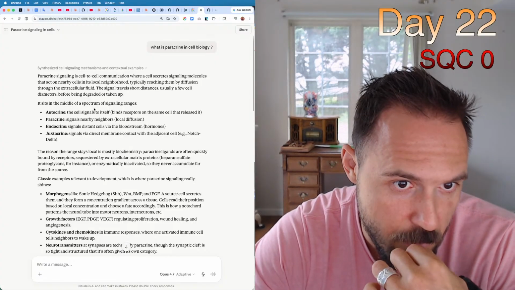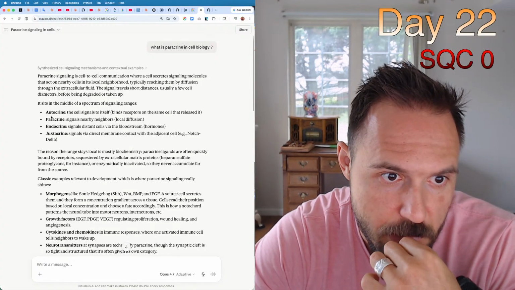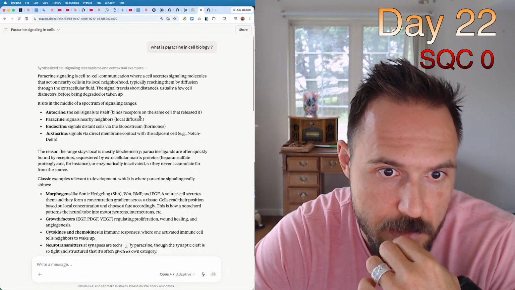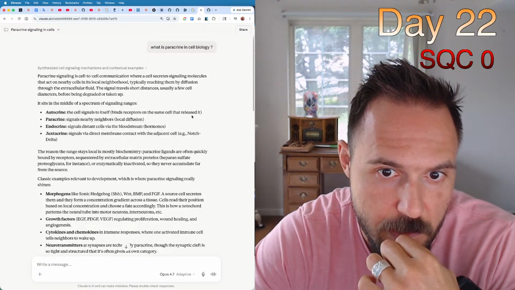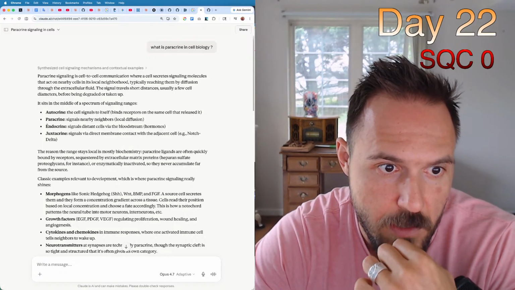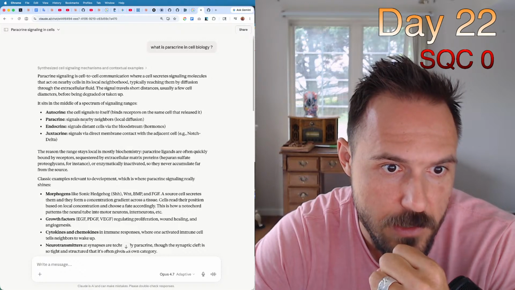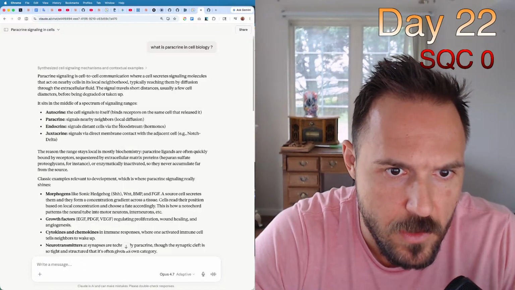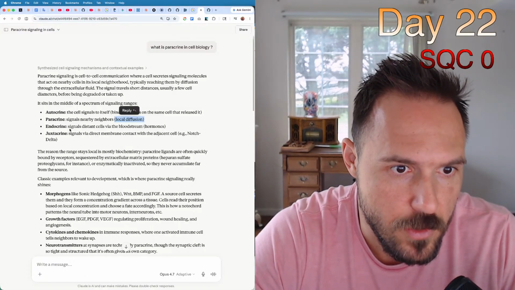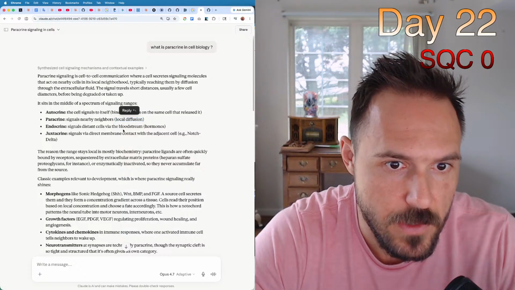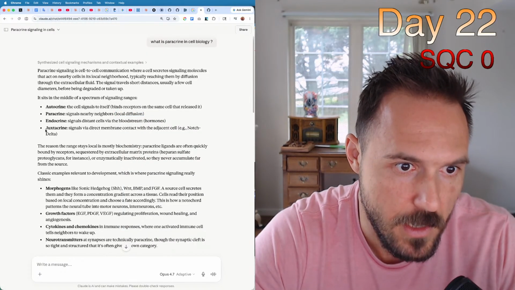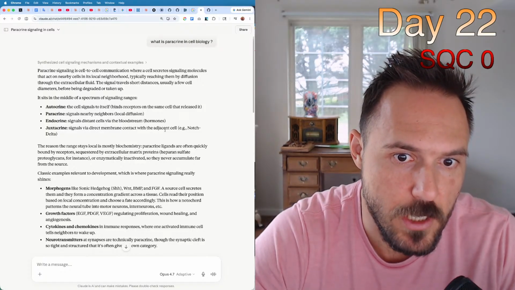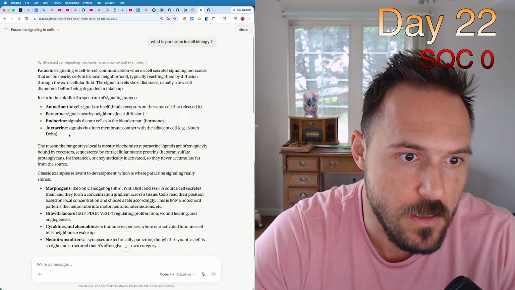It sits in the middle of the spectrum of signaling ranges. Autocrine, the cell signals to itself, binds receptors on the same cell that released it. Paracrine, signal near. I need a diagram. Local diffusion. Endocrine signals distant cells via hormones in the bloodstream. And juxtacrine signals via direct membrane contact with the adjacent cell, Notch delta.